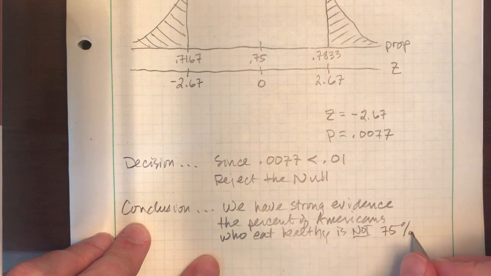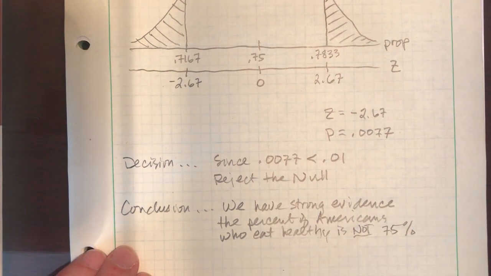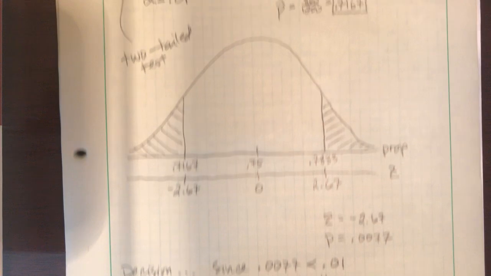We've rejected the null. All right. If my battery lasts, let's get through one more example.